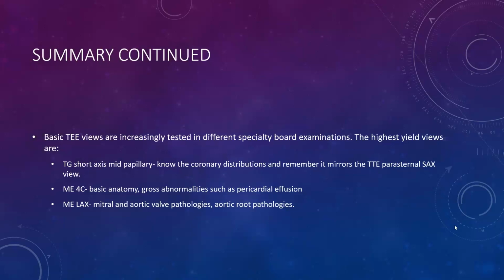And then the other one that I think is very useful for looking at problems with the RV, particularly if you need to know if this patient has a PE, and you can look for something called McConnell's sign, which you're probably familiar with on the TTE, is the mid-esophageal RV inflow-outflow view.